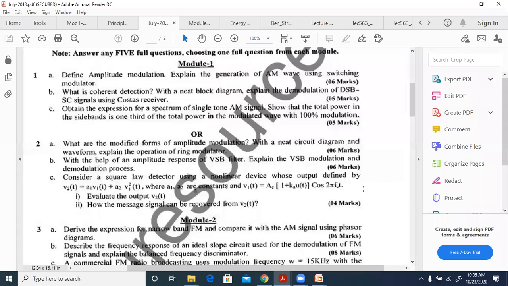You can remove the components at fc as well as 2fc by passing through the low pass filter, and hence you can recover the message.